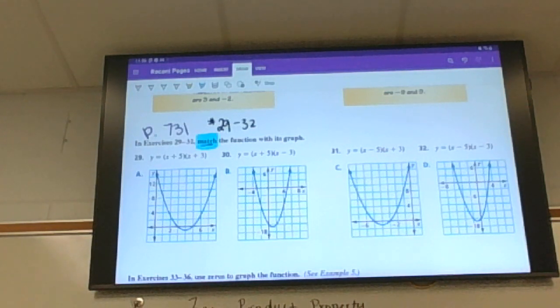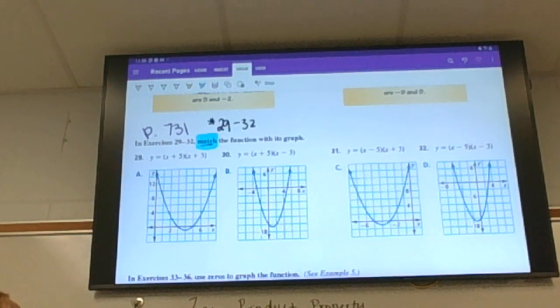I want you to remember the zero product property. We would factor and set factors equal to 0. There's also a concept about x-intercepts. X-intercepts all have a y-coordinate of 0. Intercepts have zeros.